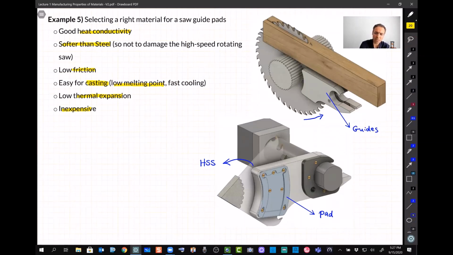So it happened that none of the materials or metals that we know can satisfy all these conditions until a guy, his name is Isaac Babbitt. I guess he died, probably, or maybe very old, like about 40 or 45 years ago. He invented something and he kept it as a secret.